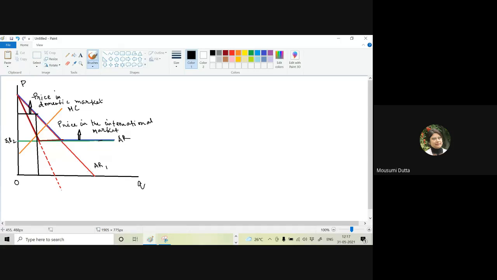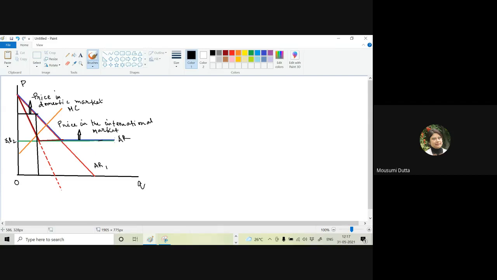So this red curve is the demand curve or the average revenue curve or the price line in the domestic market, whereas this green curve is the demand curve in the international market. Now, under perfect competition, the average revenue or the demand curve will be a straight line parallel to the x-axis. The seller can sell any amount he or she likes at the given price.